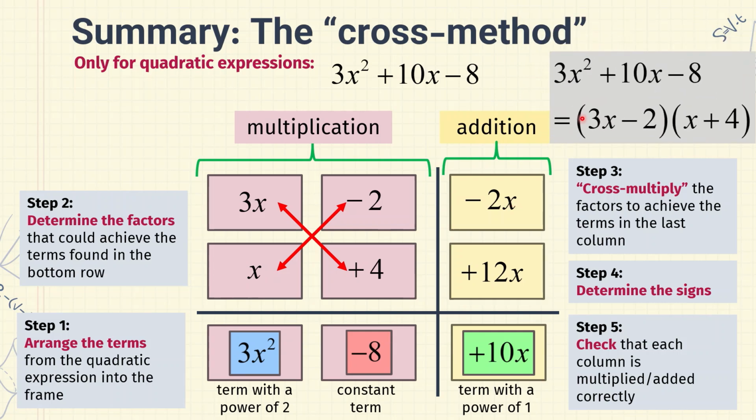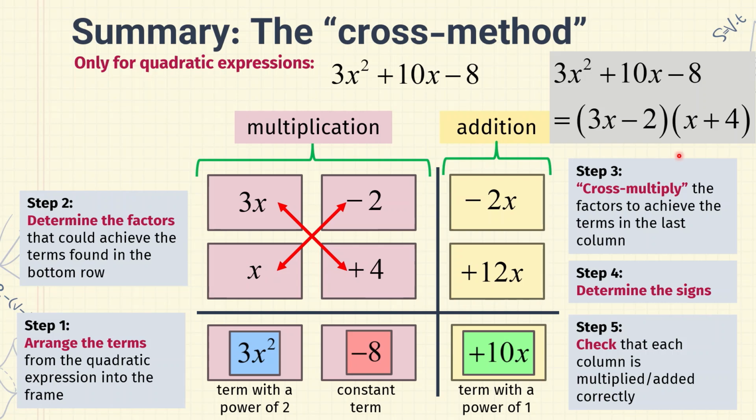And therefore, I can conclude that my factorization of 3x squared plus 10x minus 8 is going to be 3x minus 2 times x plus 4. I hope that this summary with the animations I've made allows you to familiarize yourself with the cross method.